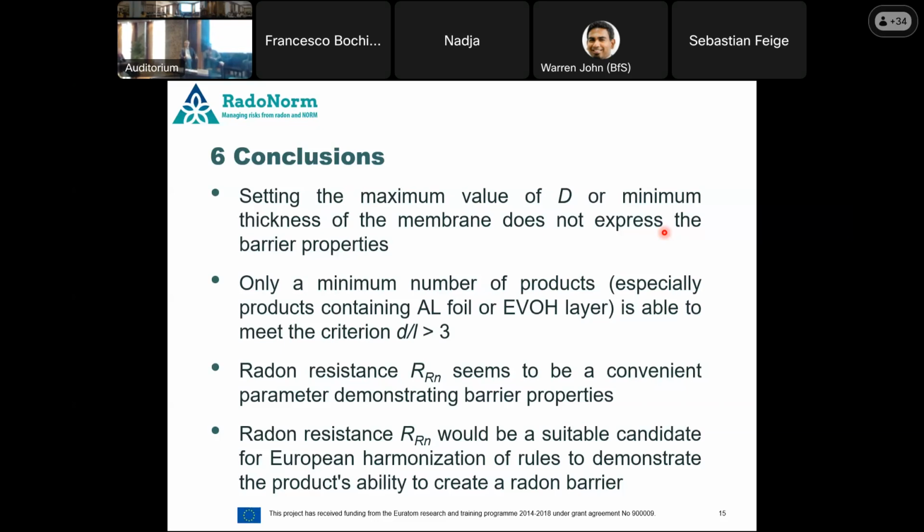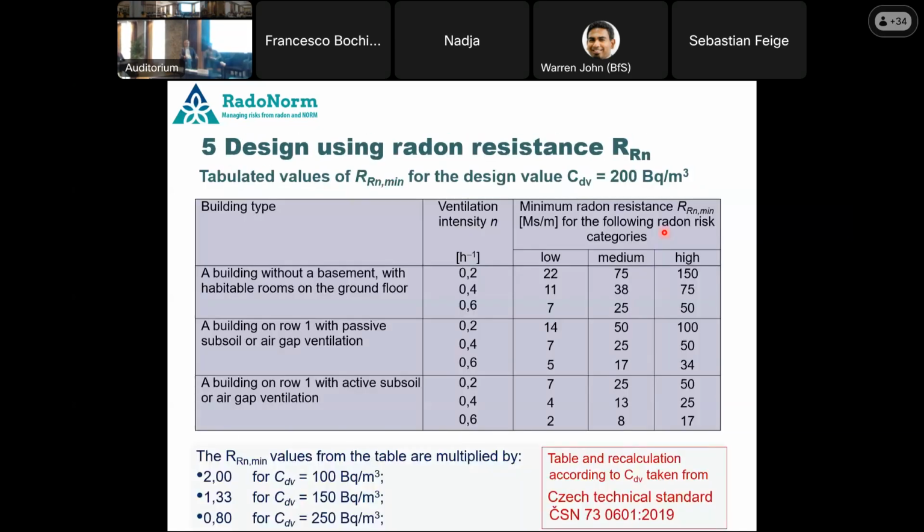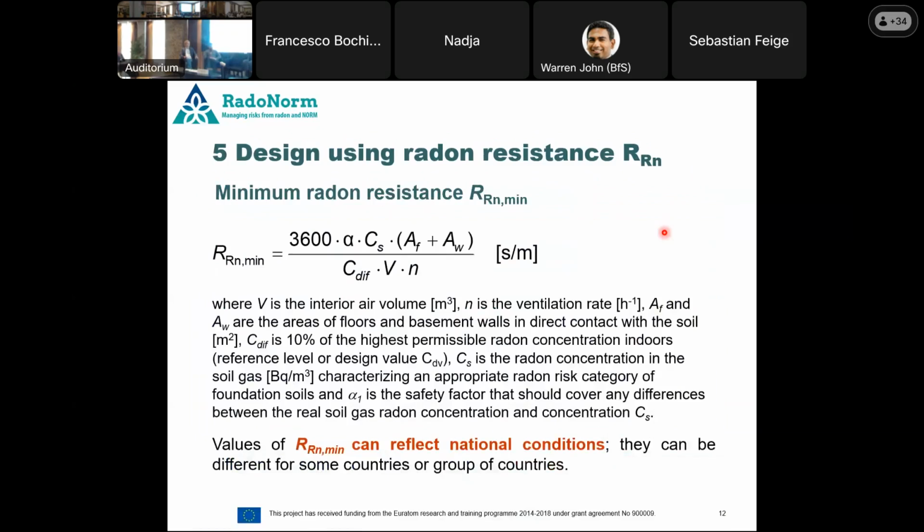So the way to fix this problem is to find the correlation between indoor radon data and the soil gas radon concentration. So you can use the expression that I have shown, this one, for finding the minimum radon resistance value and to find the CS.